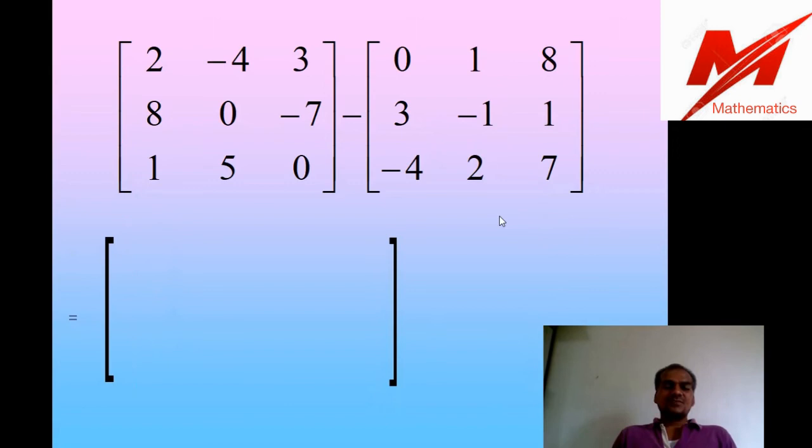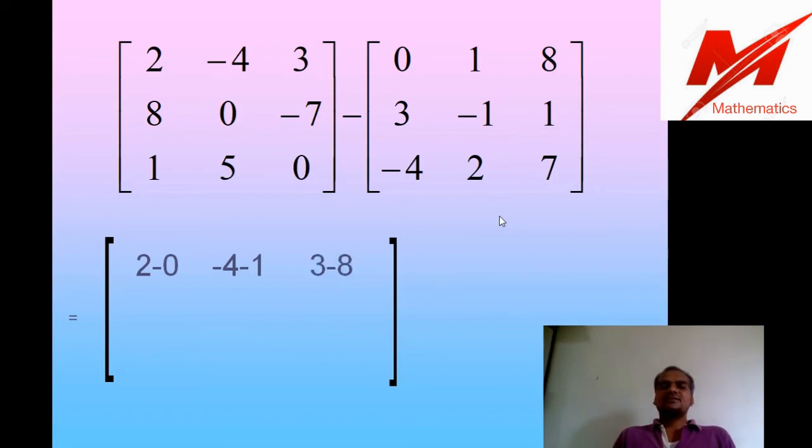Now see, we have to subtract corresponding elements. Corresponding to the element 2 in the second matrix there is a 0, so we subtract 2 minus 0. Next, corresponding to -4 we have 1, and we do this subtraction also.